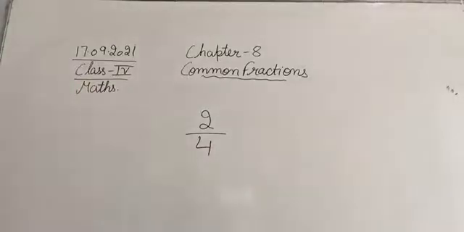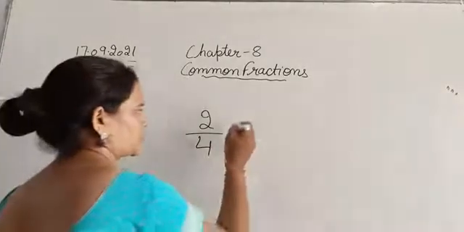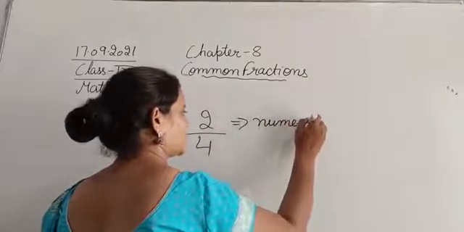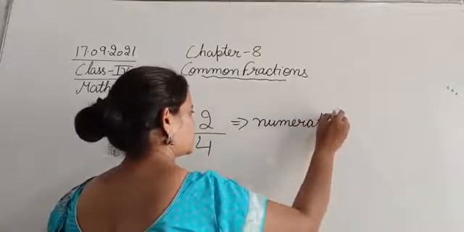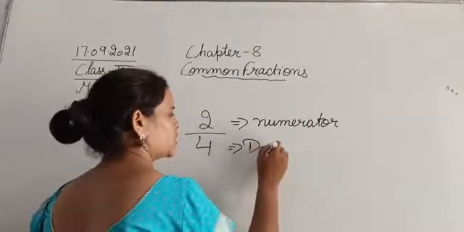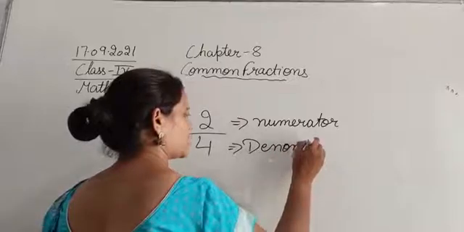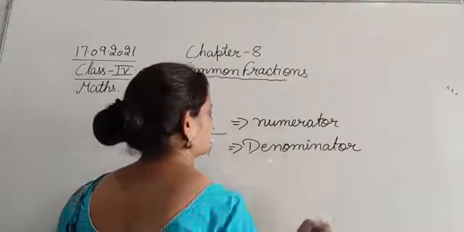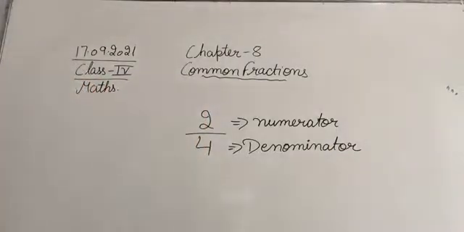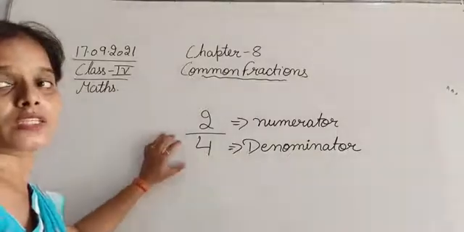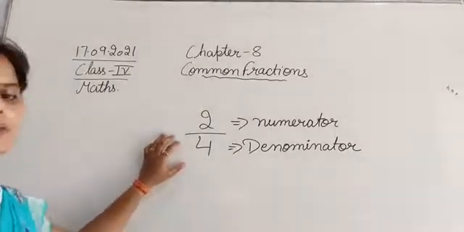So 2 will be the numerator, whereas 4 will be the denominator. So 2 will be the numerator, whereas the 4 will be the denominator. तो ये चीज़ आपको याद रखना. The upper one of the fraction is known as the numerator, whereas the lower portion is known as the denominator.